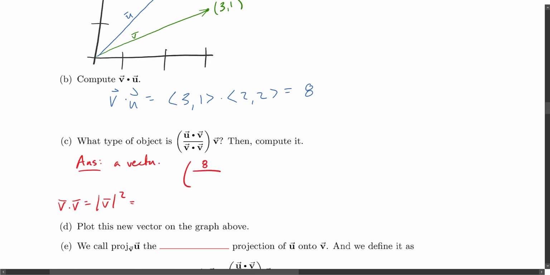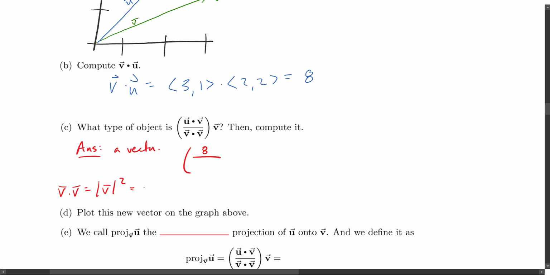What we end up with is just 3 squared plus 1 squared, or 10. So that gives us 8/10 for that expression, and that's a scalar being multiplied to the vector v, which is (3, 1). If we reduce that down, we could call that 4/5, and then times the vector (3, 1).